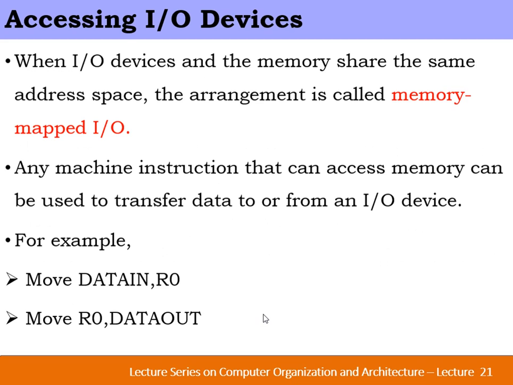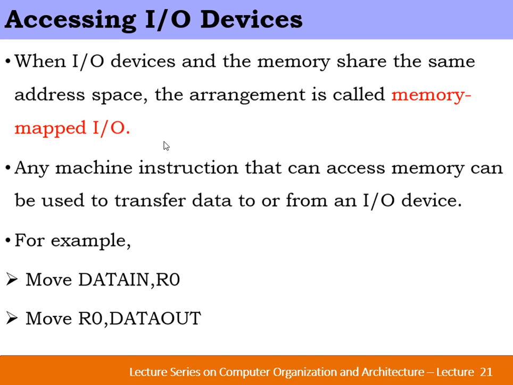Data lines always carry the data information, whether it is for a read or a write operation. Now when the IO devices and the memory both share the same address space, that arrangement is called memory mapped IO. We have discussed that every IO device has to be assigned a unique set of addresses. These addresses can be assigned to the IO devices by sharing the addresses of the memory.